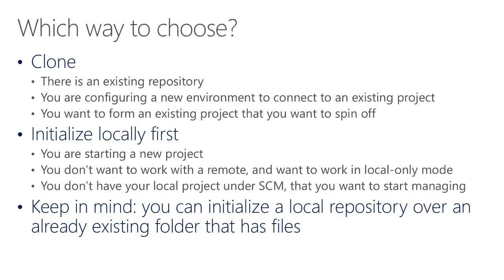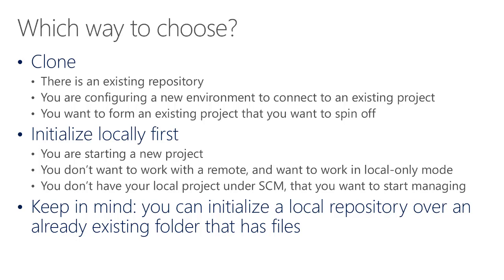If you want to use source control, but you don't want to have a remote, you can do all your source control locally only. In that case, you would initialize the Git repository locally without pushing it to a remote. So you can even do that without even initializing or setting the remote. Git will work locally only.